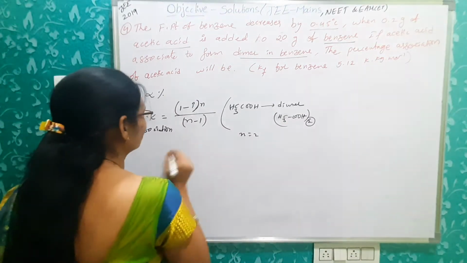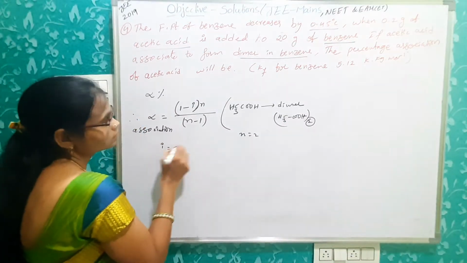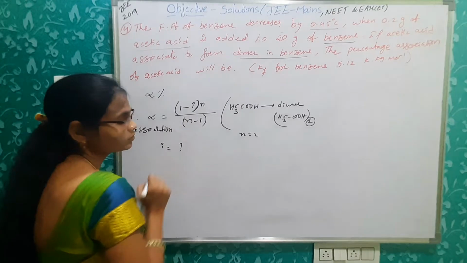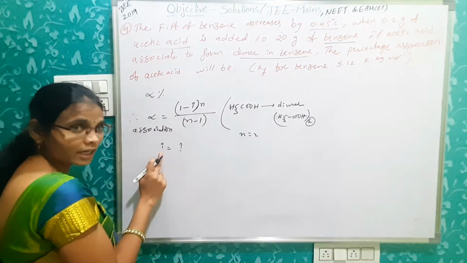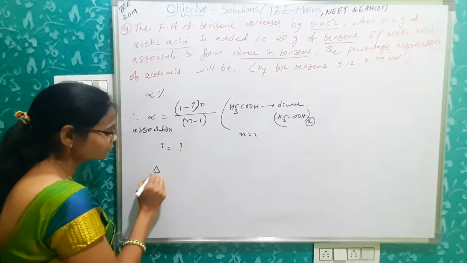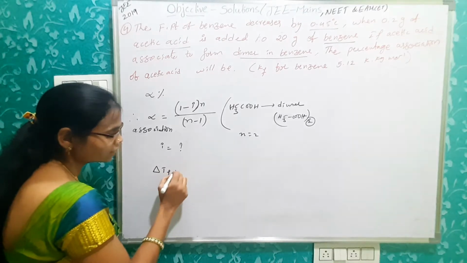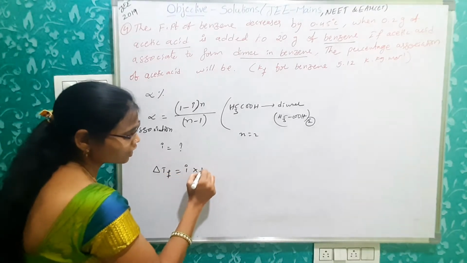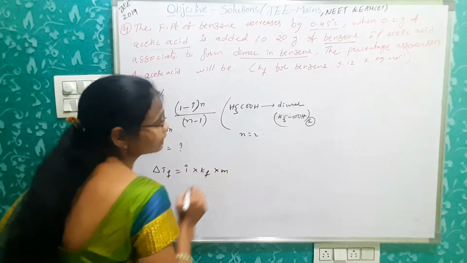Okay, now, but i is not given. For calculating the i factor, we can use the freezing point formula. Delta Tf is equal to i into Kf into m, molality.